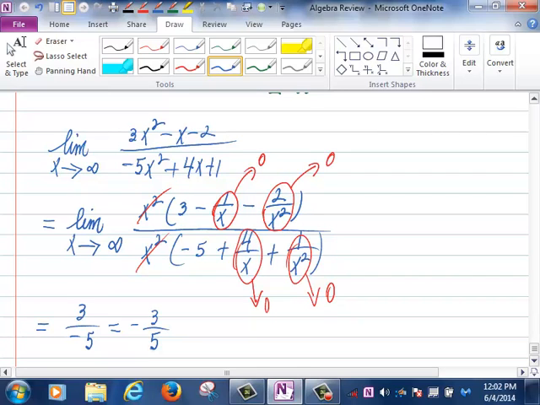Okay? You guys understand that? Any questions on the algebra? When you factor out x squared, you realize that you're going to get what I have inside the parentheses. Everybody's okay with the algebra? Okay, let's do another example like this.